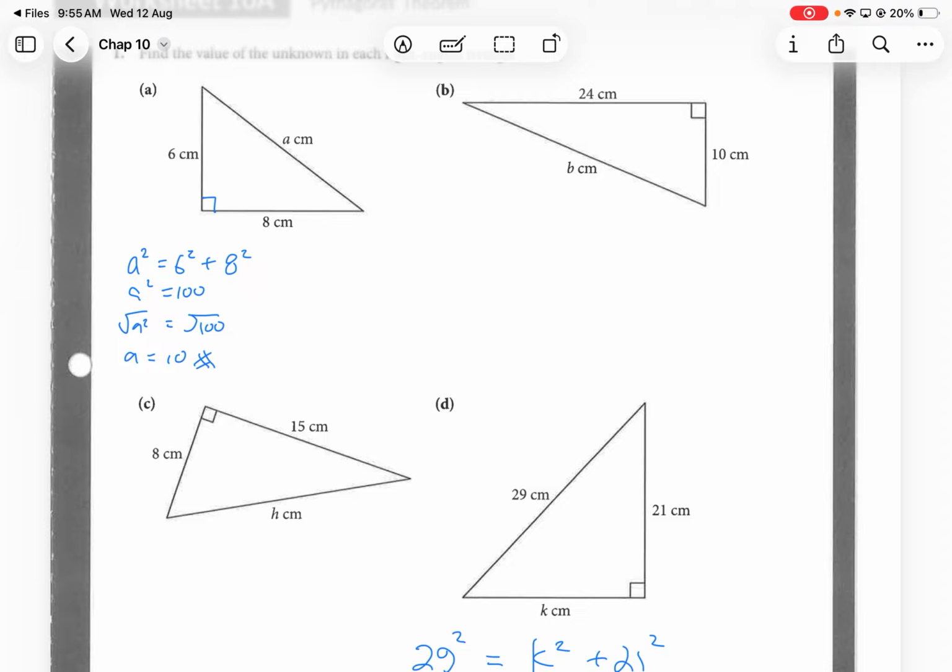They do exactly the same way. Form the equation, then everything becomes very simple.